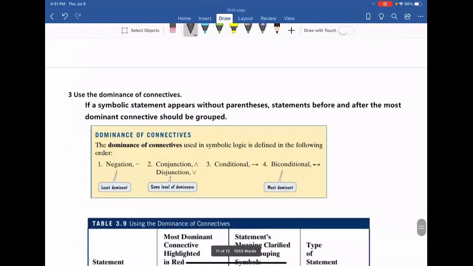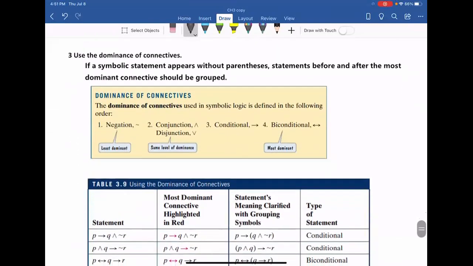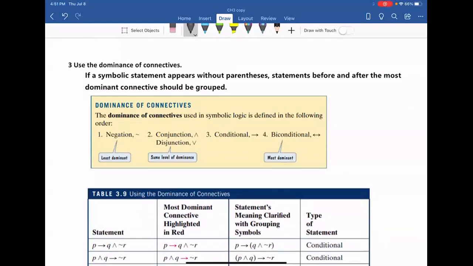Let's move on to part 3, use the dominance of connectives. If a symbolic statement appears with parentheses, statements before and after the most dominant connective should be grouped.